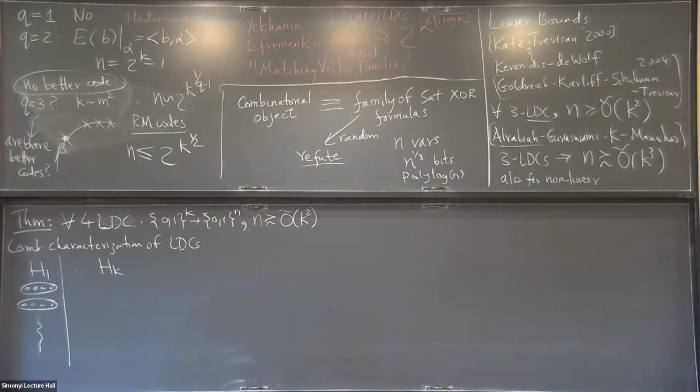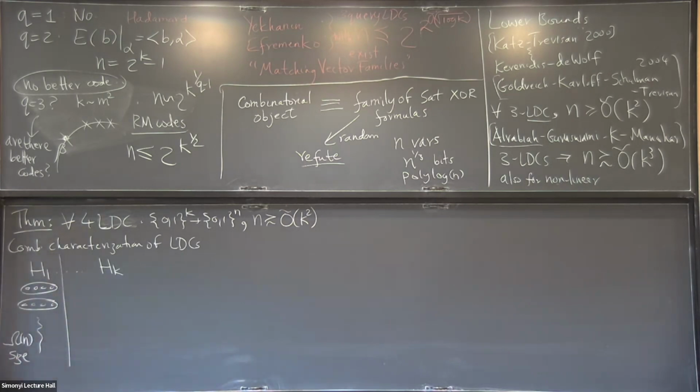So these matchings are of size omega of n, so they cover basically a constant fraction of the bits of the codeword. So local decoding means that for each of the message bits 1 through k, you have an omega n size matching. That tells you the query sets that you can use to decode that bit.